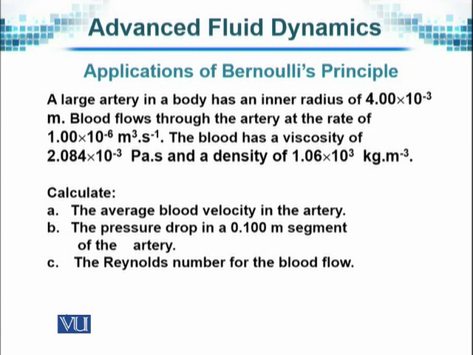They want to know how much pressure will drop in this section of the artery. Then, the Reynolds number for that blood flow. All these things reflect the blood flow mechanism. It helps the doctors or whoever is looking at the problem to understand the situation properly.